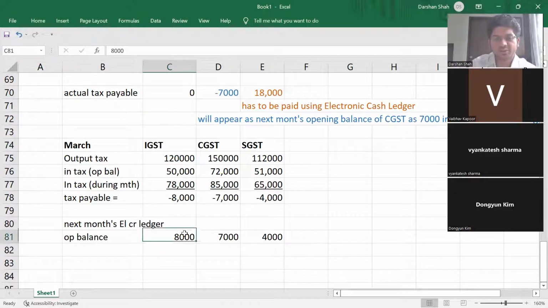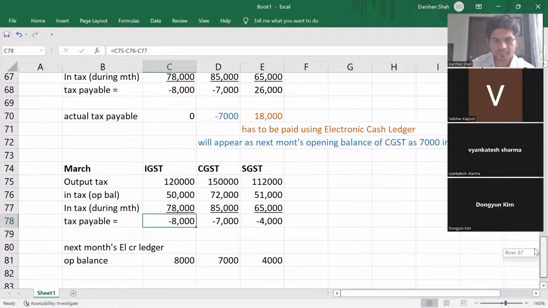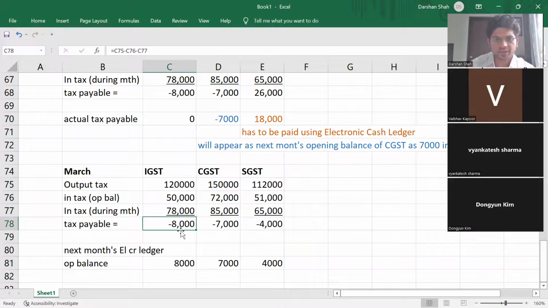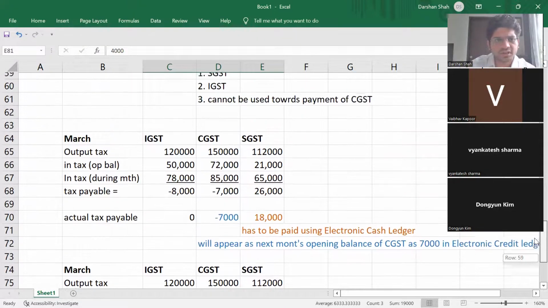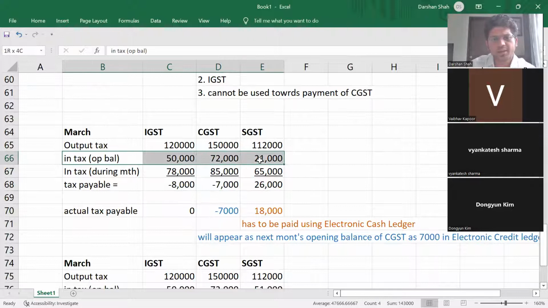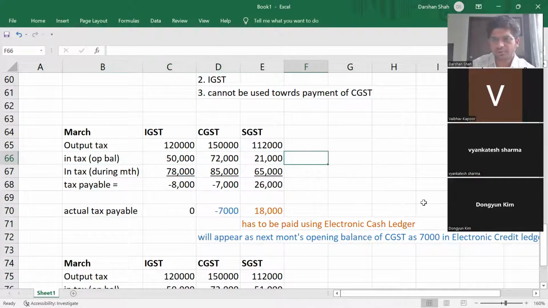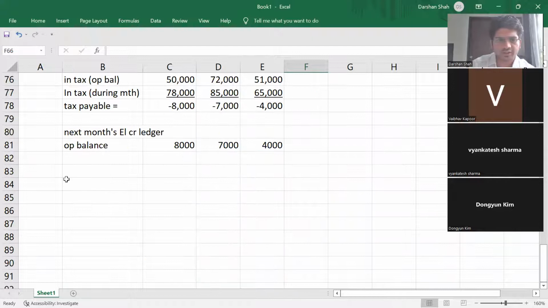This closing balance becomes the opening balance over here. So debit balance will become a credit balance and it will appear positive. These three figures you can use in the current month as opening balance ITC. All right, I think utilization doubts are clear.